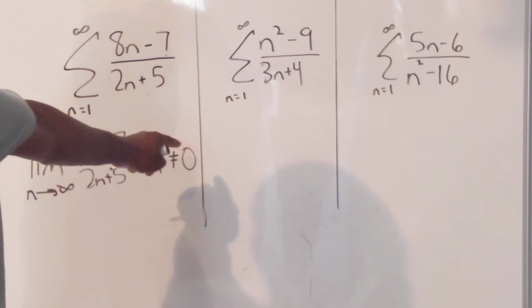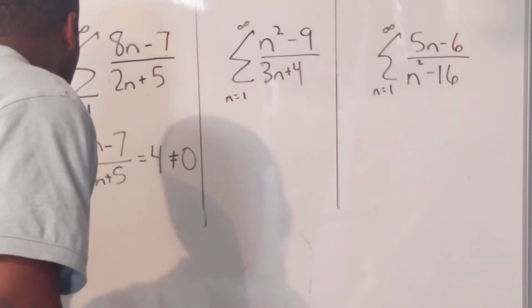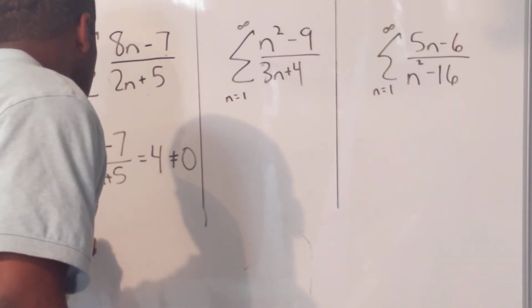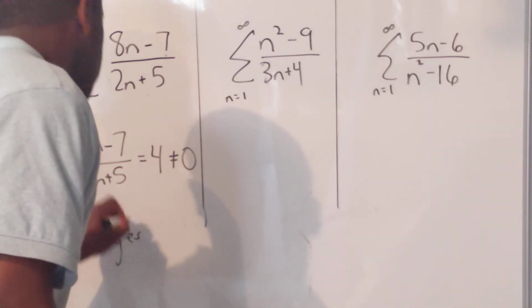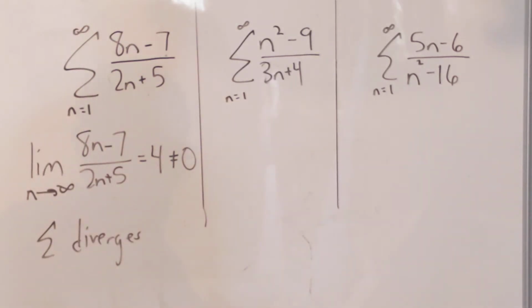Four does not equal 0. So therefore, the series diverges. See, you're given a series. You have to evaluate and use the rules for a sequence. All right? And then that determines the divergence of the series.